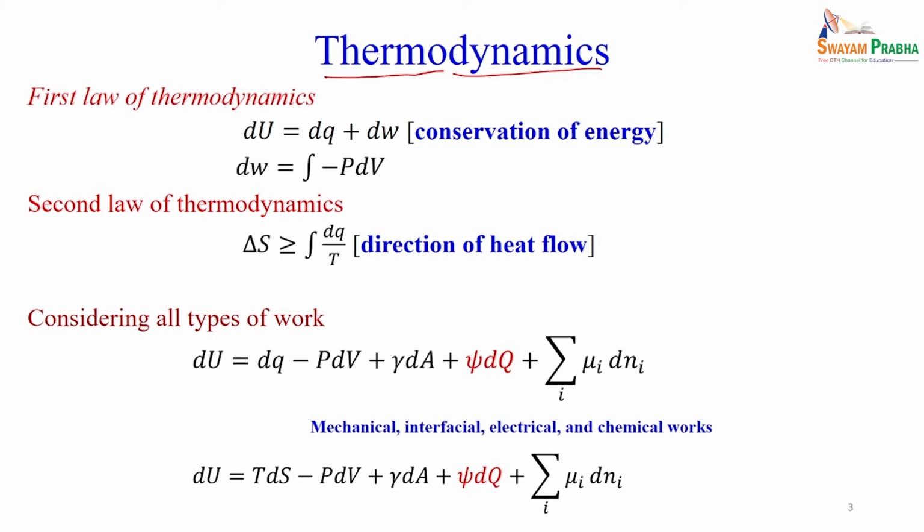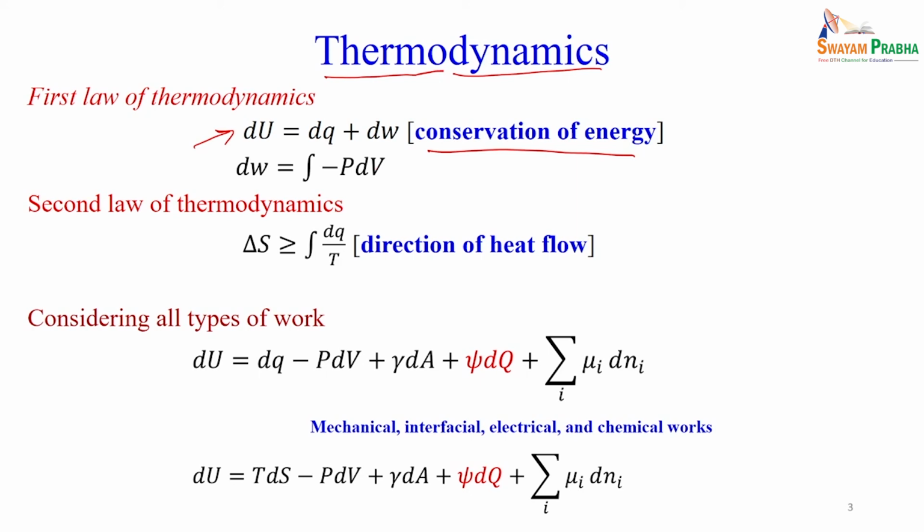The first law of thermodynamics talks about the conservation of energy. It says the total energy of the universe is constant. The mathematical expression is change in internal energy dU is equal to dq plus dw. q is the heat, w is the mechanical work, and dw is defined as minus PdV, where P is the pressure and V is the volume.